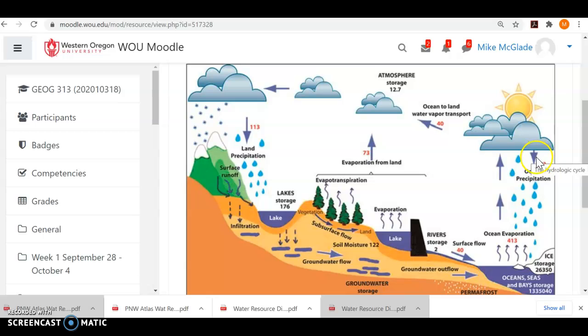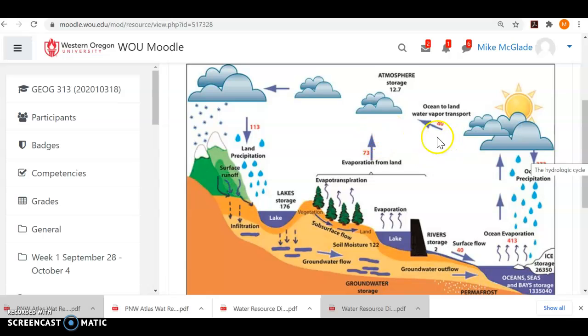So, hey, that 40 must go somewhere else, and that's what we get over the land. And so some storage of water vapor, of course, and water droplets in the clouds in the atmosphere. But over a long enough period of time, if you're measuring it, you get land precipitation, but then you also get evaporation from the land coming back up. And so there's a kind of cycling this way.